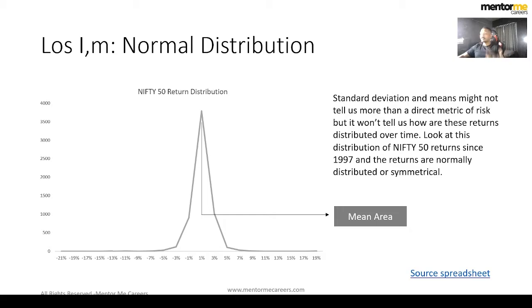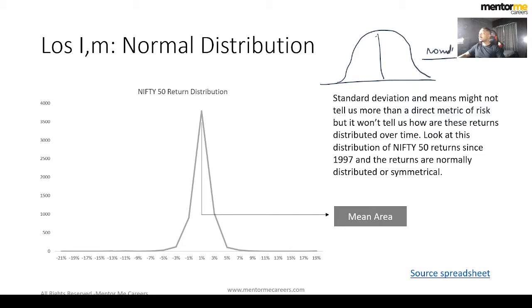Touching upon normal distribution, this has been talked about a lot, but all it means is that regular data, like stock market return data, has this feature of a bell, which appears to be linear, or you could say more symmetric in nature, and that is what is called a normal distribution.